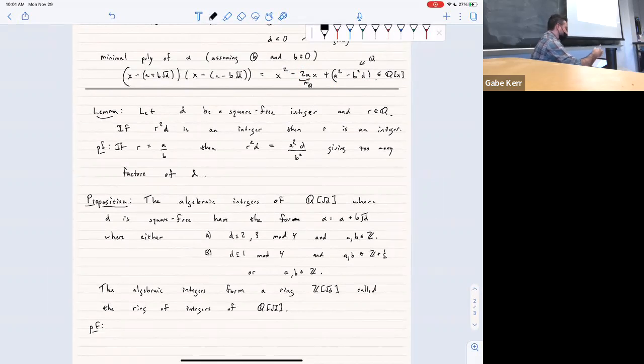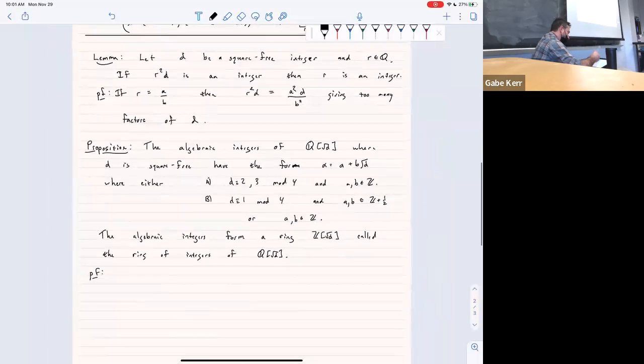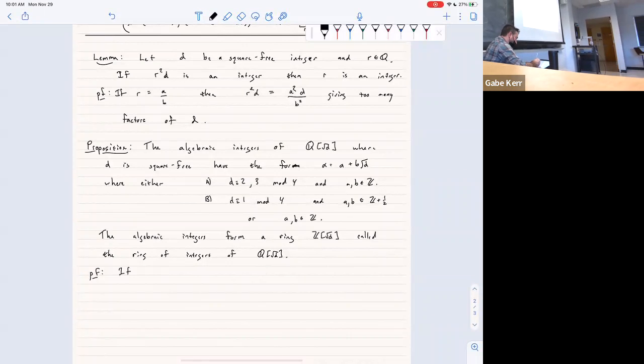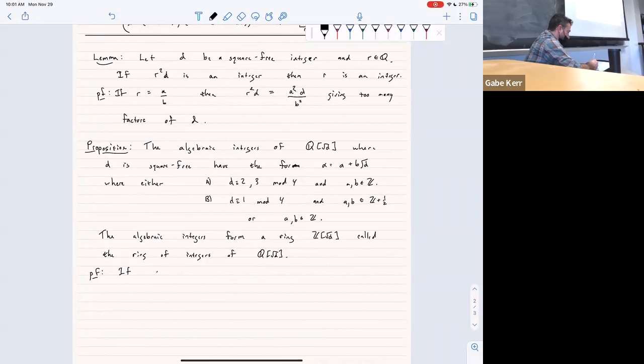So we know that 2a and a squared minus b squared d are both integers, if and only if.